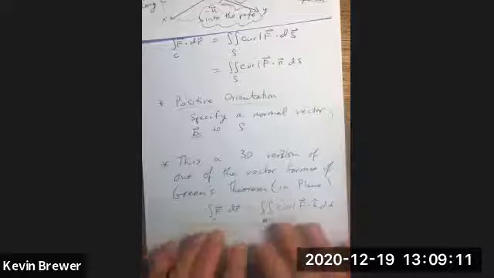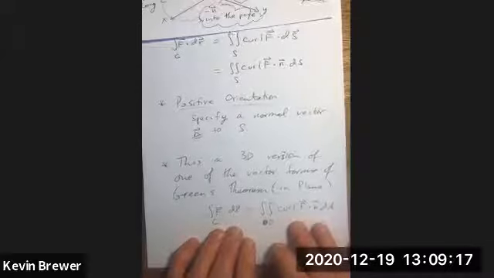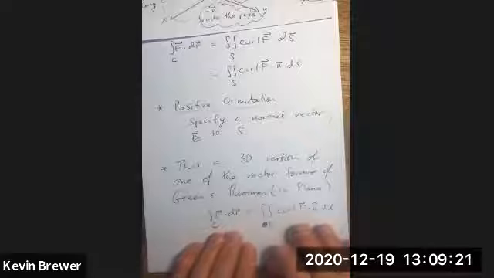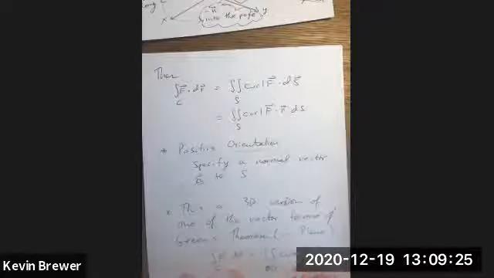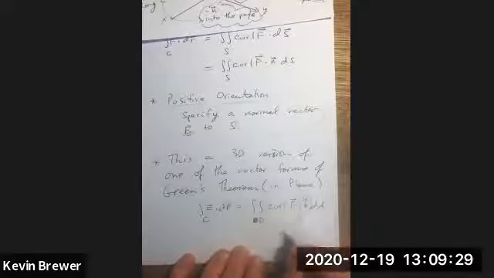So I'm not going to go back into this. I'm just reminding you, one of the ways we wrote and worked problems with Green's theorem in 16.4 was like this. And what we had here was a default normal vector equal to k.